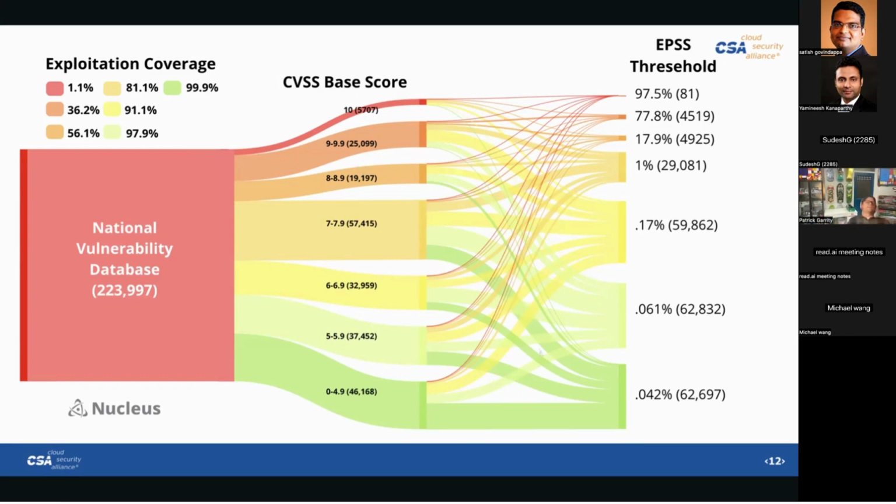Now, that's not considering your asset context or other factors within your environment. How many of these vulnerabilities might you have? But in order to get to the same result from a coverage perspective, you literally could do that by patching just 4,600 vulnerabilities. So customers can go as deep as they want, but it's a more effective system in relation to focusing on things that are much, much closer to a risk-oriented approach than just the CVSS base scoring system.